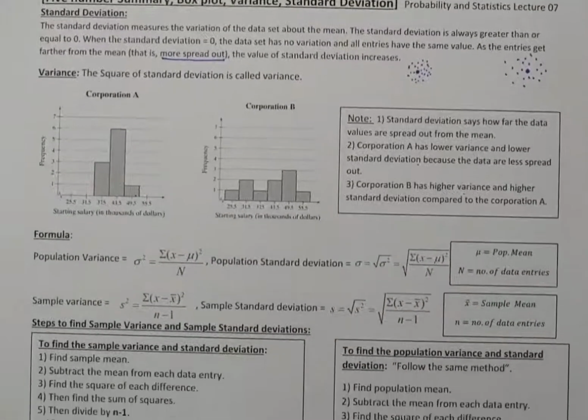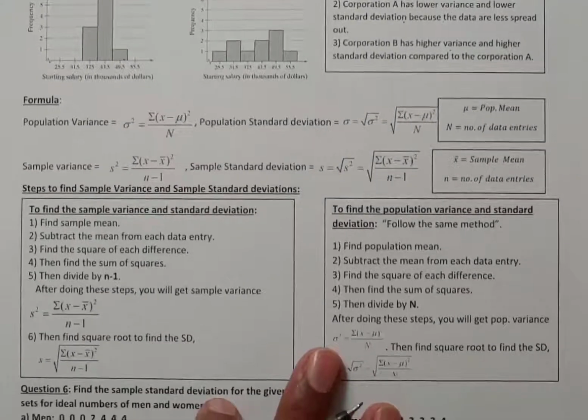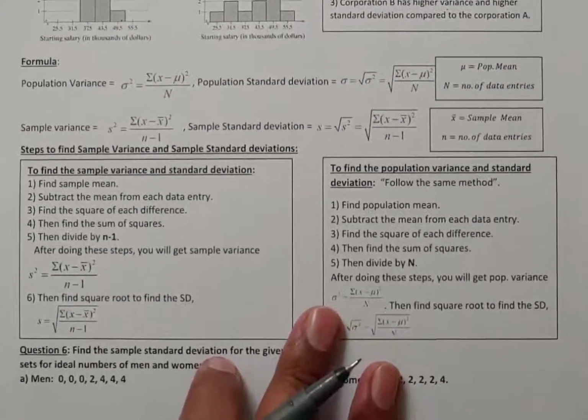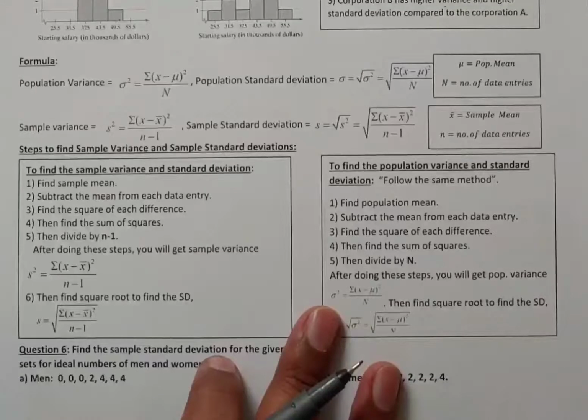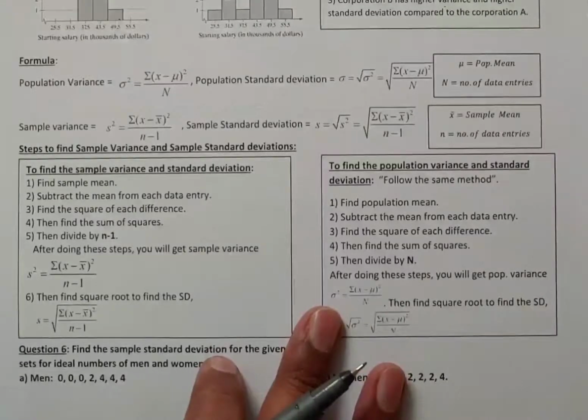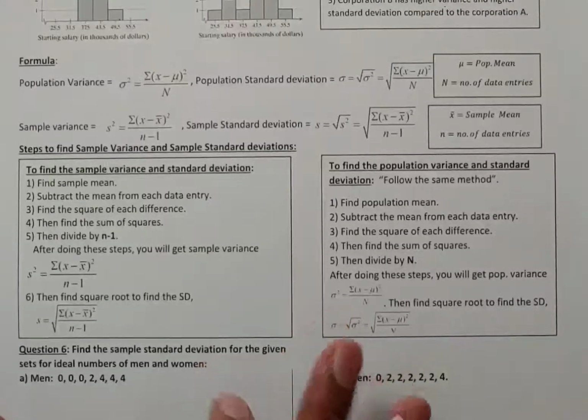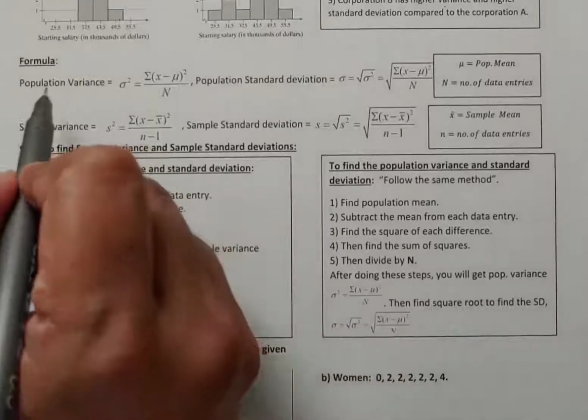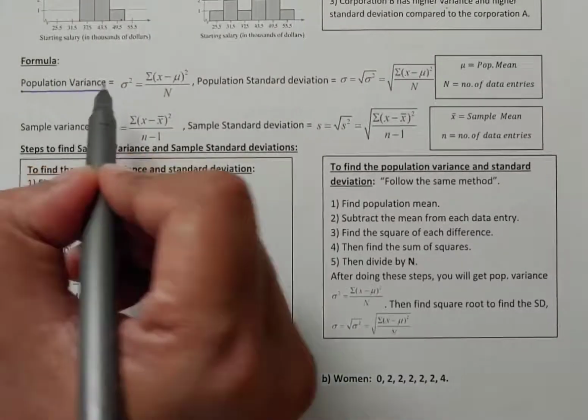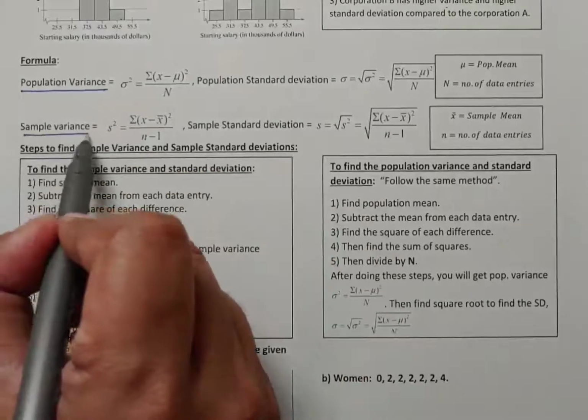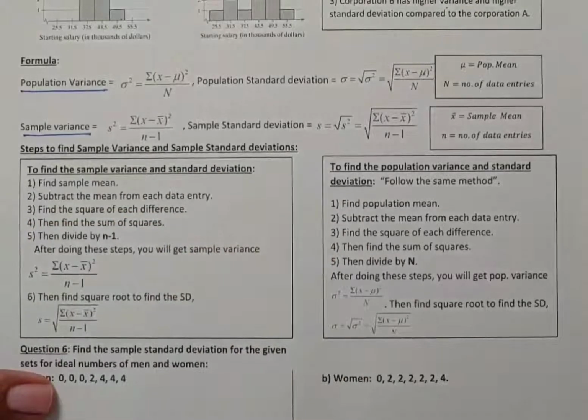Now, we have a formula to calculate the standard deviation. When we talk about variance and standard deviation, there are two types of each: population variance and sample variance.